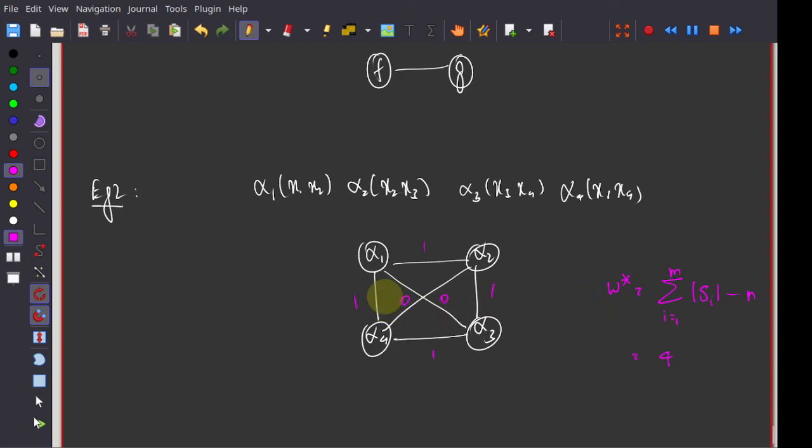Okay. Now consider any spanning tree of this particular graph. Right? What is the maximum weight that you can get?